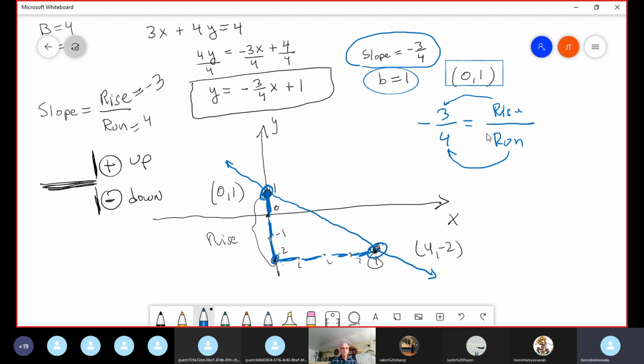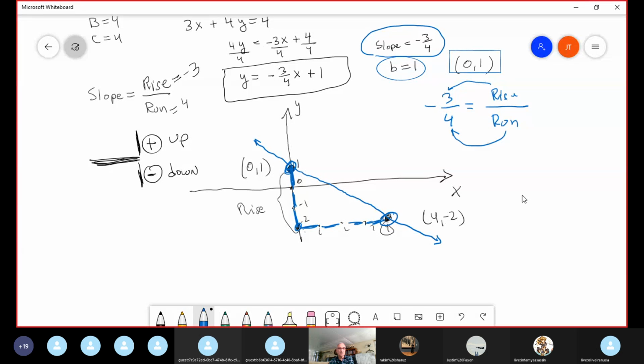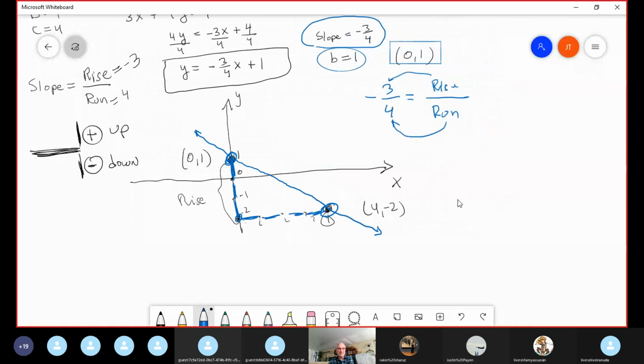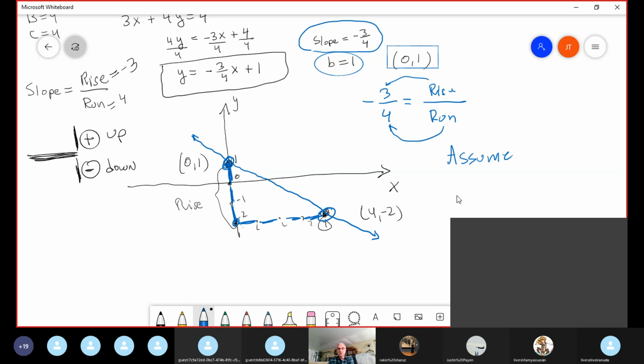Professor, my question is, I saw like negative 2. I don't know if it's negative 2 or negative 3, because negative 3 is rise and 4 is run, but when I saw the graph, I saw negative 2. I don't see negative 3. I'm a bit confused. Okay, good question. The agreement is always, suppose the slope is negative, like this example, you assume that the one responsible for being negative is the rise.